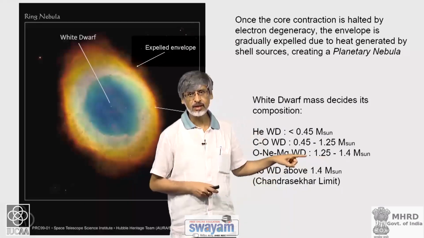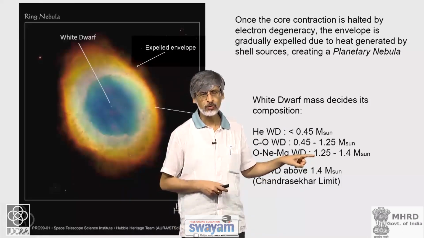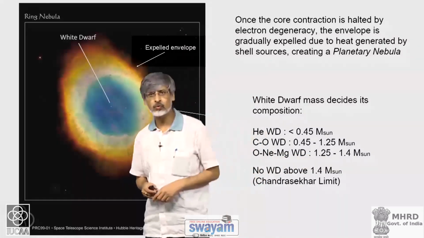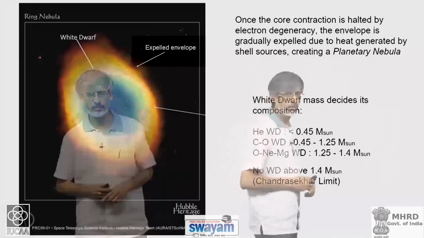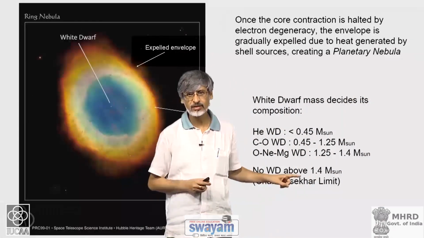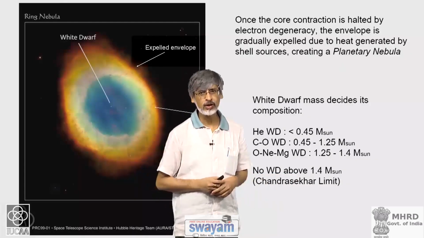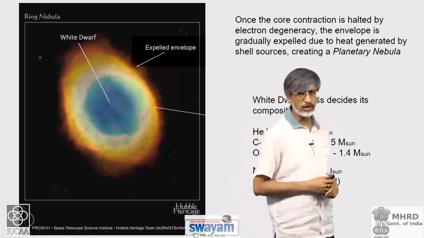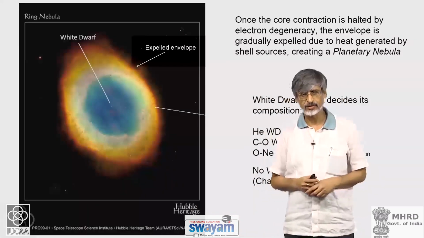And this is for white dwarf masses, so the core masses, in the range 1.25 to 1.4 times the mass of the sun. What happens if you go even higher? Above 1.4 times the mass of the sun, no white dwarf is possible, and this is a famous limit called the Chandrasekhar limit.